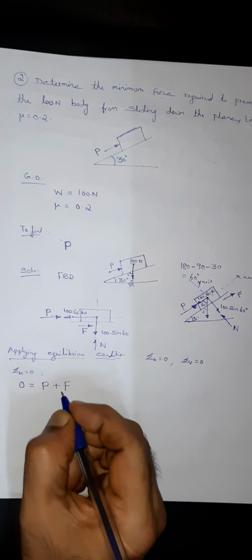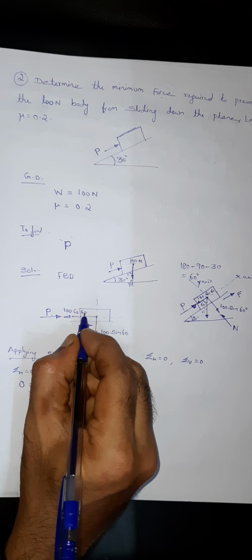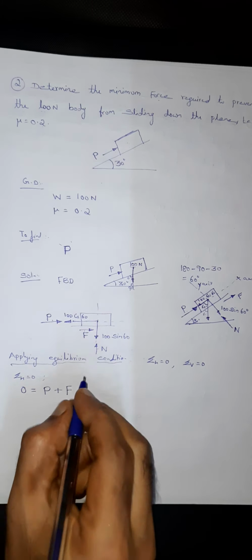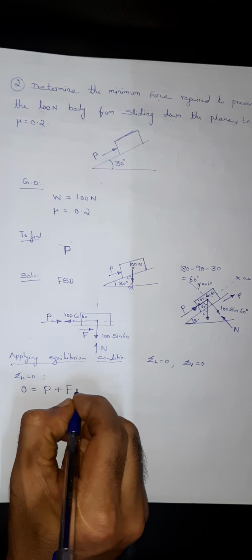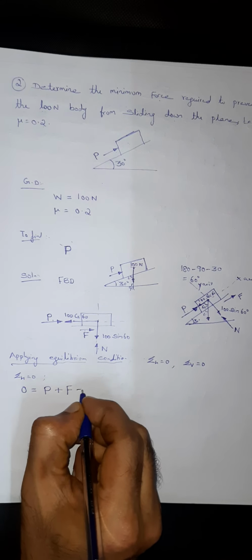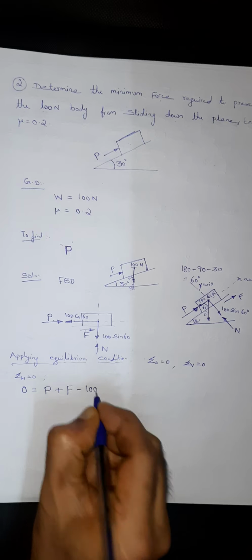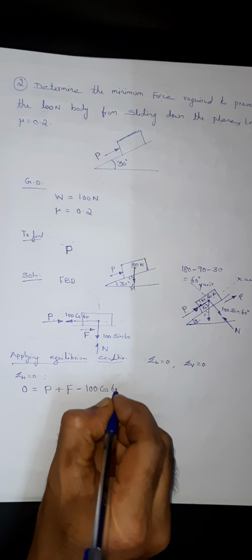So F, and this 100 cos 60 which acts towards the negative x axis carries a negative symbol. So 100 cos 60.